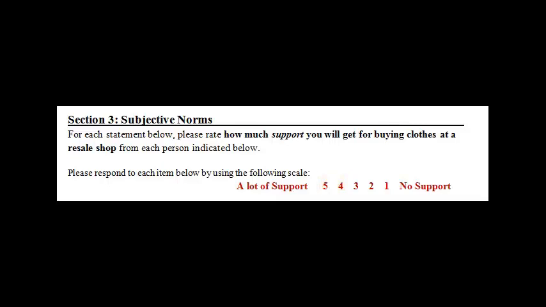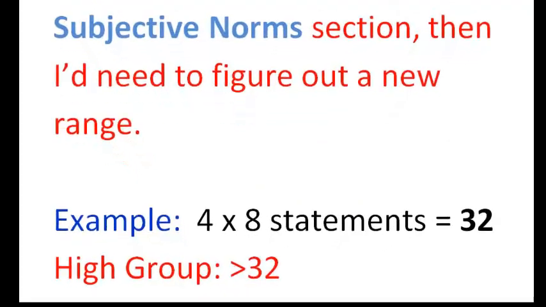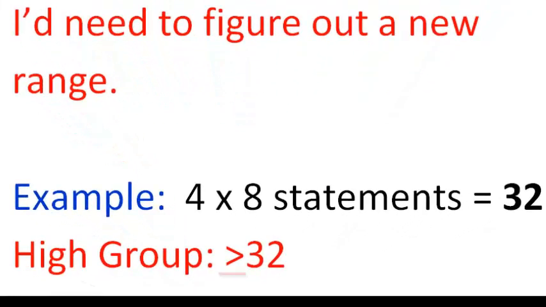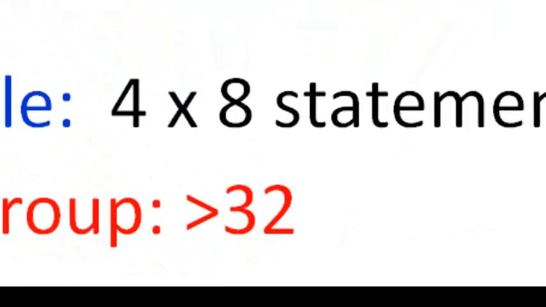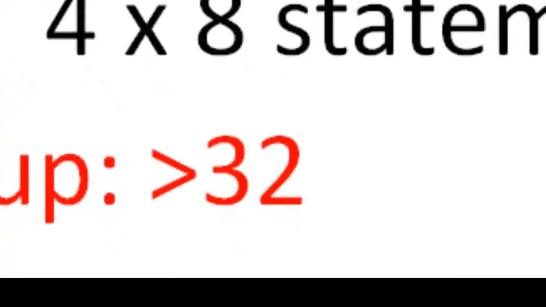So in order to determine what that range is of the high group, we would take 4 and multiply it by the 8 statements, which gets us the number 32. So we know for the high group range that anyone who scores a total score of 32 or greater for subjective norms would be considered in the high group.